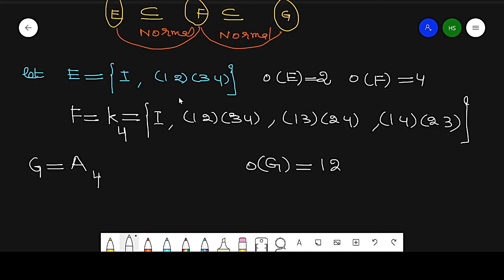So we know that if a subgroup has prime index in a group, then it is normal in that group.